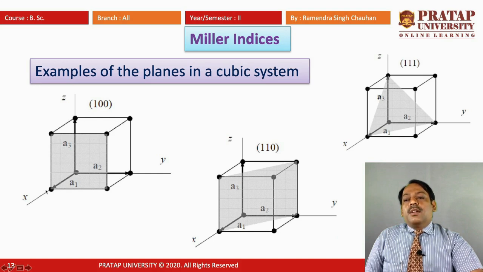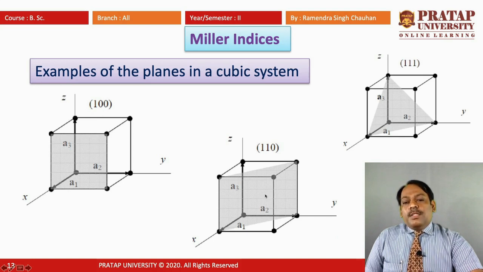So, this length is 1 unit cell dimension along the x axis, and since this plane is parallel to the y and z axes, it will intersect them at infinity. So, we have the Miller indices for this plane as 1 0 0, because this 1 unit will be 1 by 1 and the others will be 1 upon infinity and 1 upon infinity.